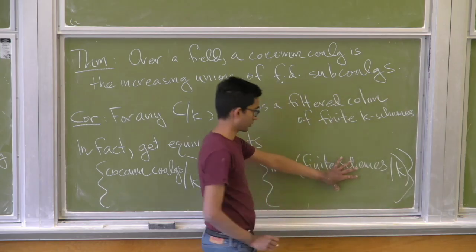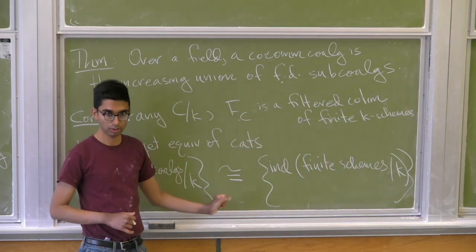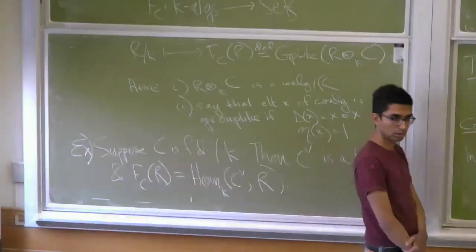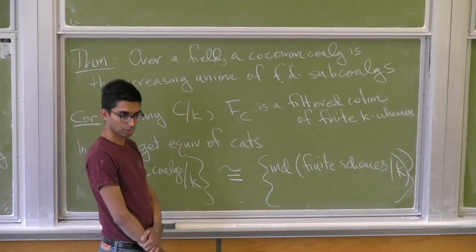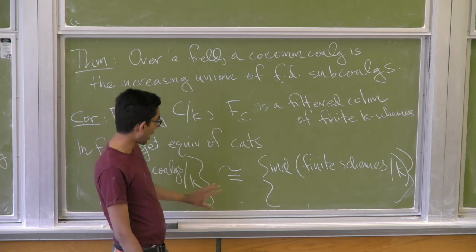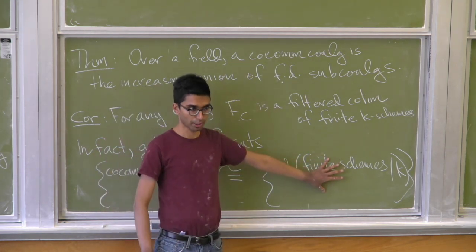We can think of this as a subcategory of just functors from K algebras into sets. And when you write ind of finite schemes, you mean the category of ind objects associated to finite schemes. Those embeddings. I'm just saying it's an equivalence of categories, so they don't have to be closed embeddings.